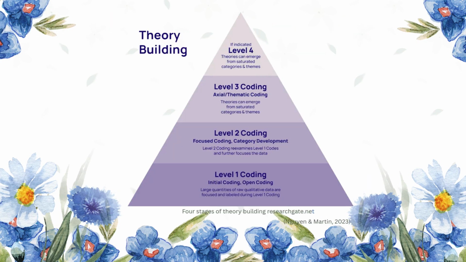So you've already been through level 1, level 2, and then you're going to start really thinking about level 3 in real time and how important it is. In order to identify that a theory has emerged, you need to have a deep and nuanced understanding of it. Glaser and Strauss called this theoretical sensitivity.